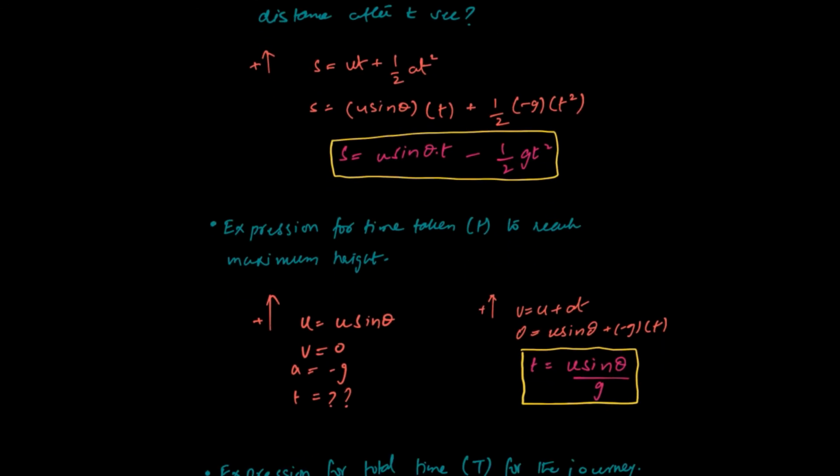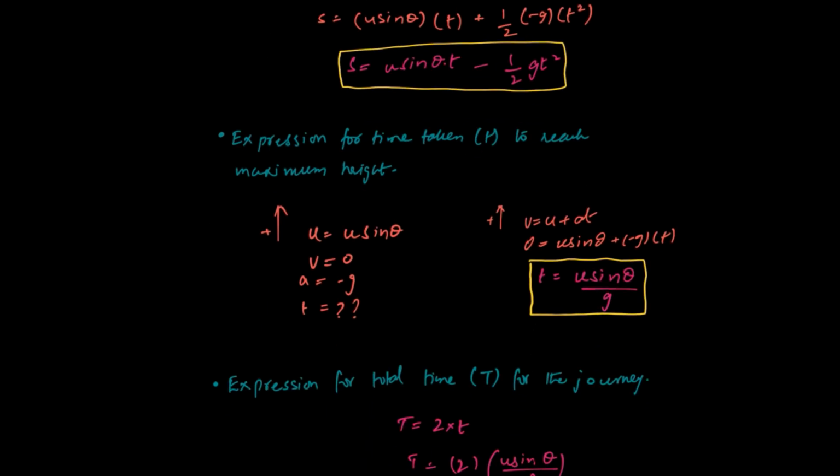Then the question says expression for time taken t to reach the maximum height. We already know that the final velocity would be zero, because at the maximum height the velocity always becomes zero, as we already learned in the previous part.